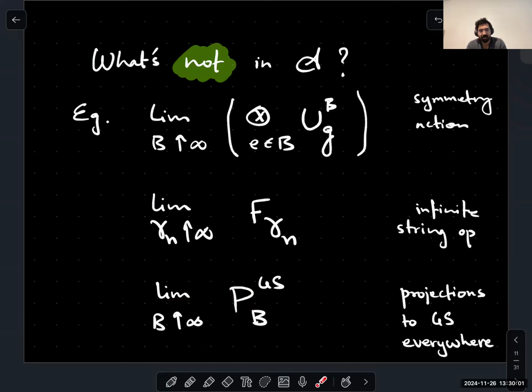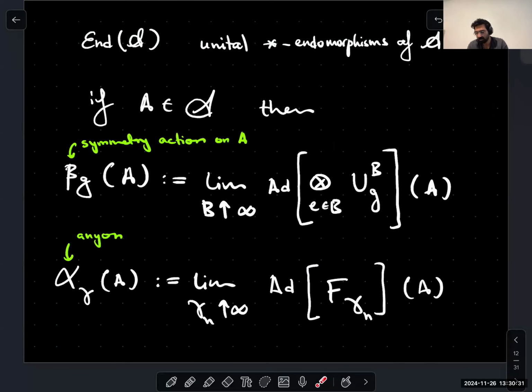So normal things are in A, normal things that I as a physicist would study. But when you take the things to infinity, things become weird, and you lose certain operators in this A. Nevertheless, you can account for all of these things by considering different variations of these well-known objects.